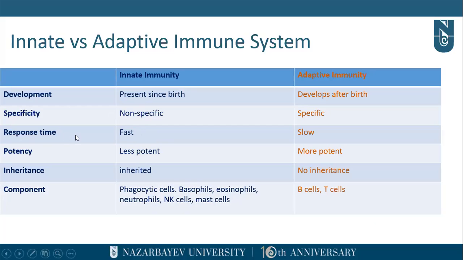It just triggers local or general inflammation, so it's less potent in the sense that it has less efficacy, because it's non-specific. Whereas in adaptive immunity we have antibodies which are specific to that part of the antigen. We already know these antigens, we have developed memory cells, so that's why it's more potent, more efficient.